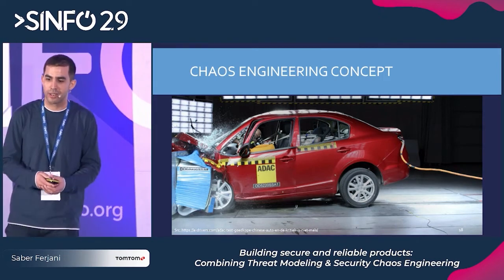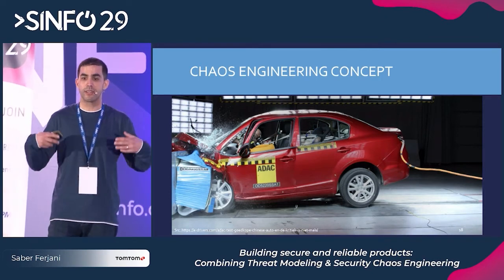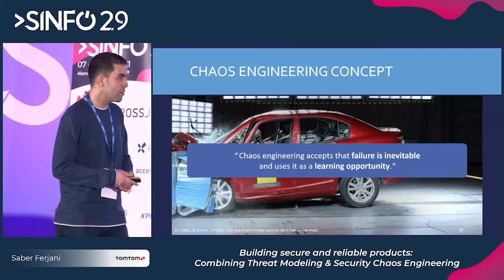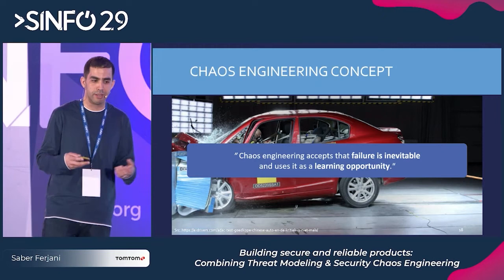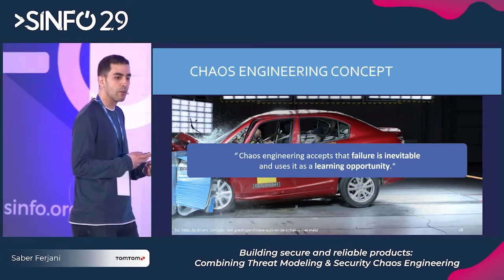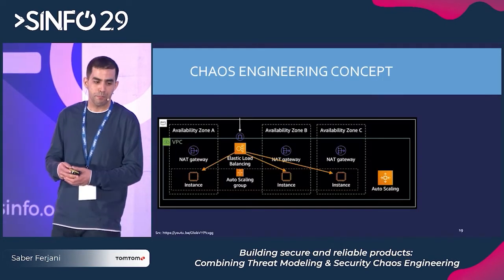Same goes for software. So actually, we cannot really prevent cars from having accidents, so we need to see how they behave when an accident occurs. So that means chaos engineering simply accepts that failure is inevitable, and it will use it as a learning opportunity. What can we improve in order to reduce the impact when it happens?